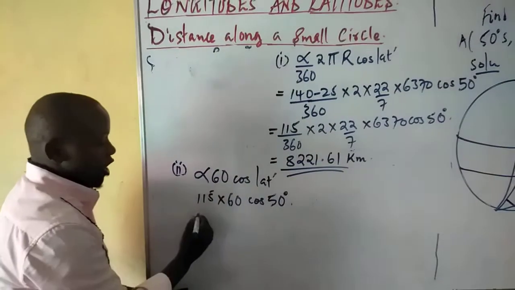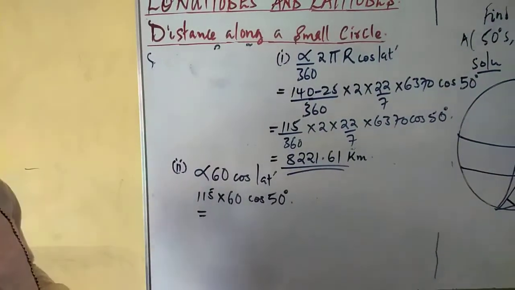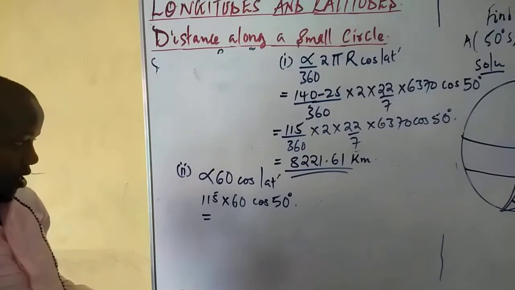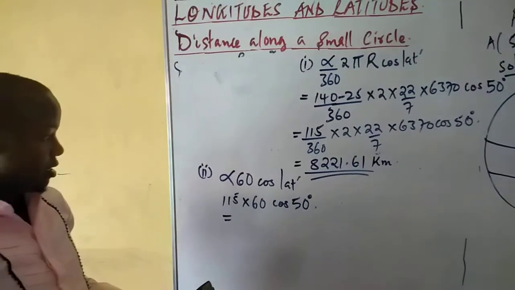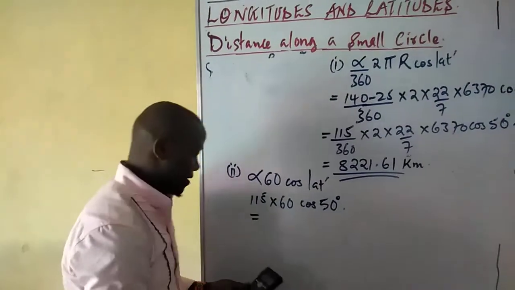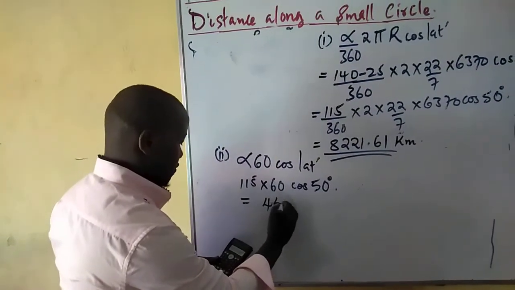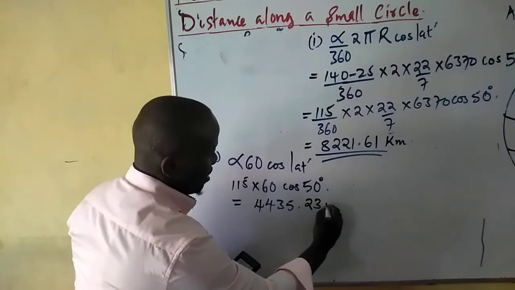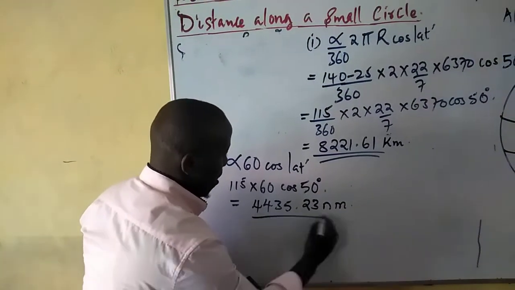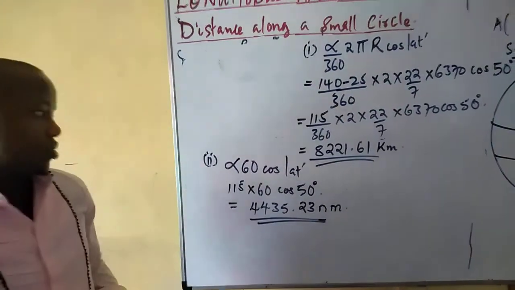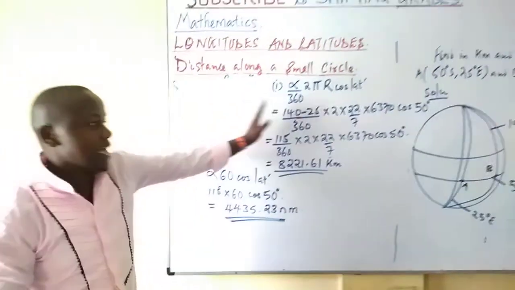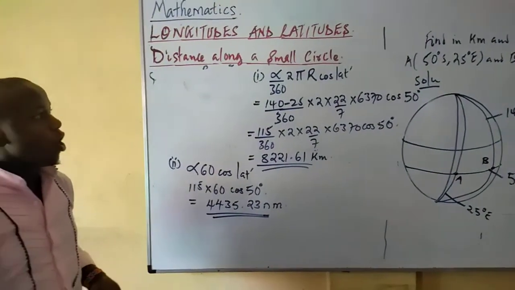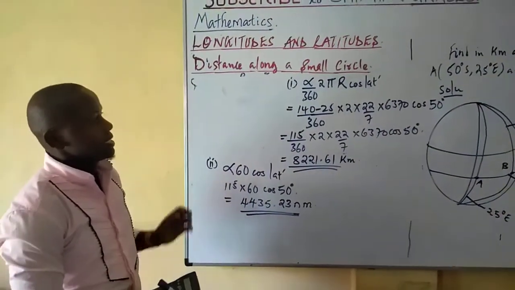The two places are on the same latitude, latitude 50. Therefore, 115 times 60 times cosine of 50. This gives us 4435.23 nautical miles. Therefore, this is how we get the distance for two places on the Earth's surface.